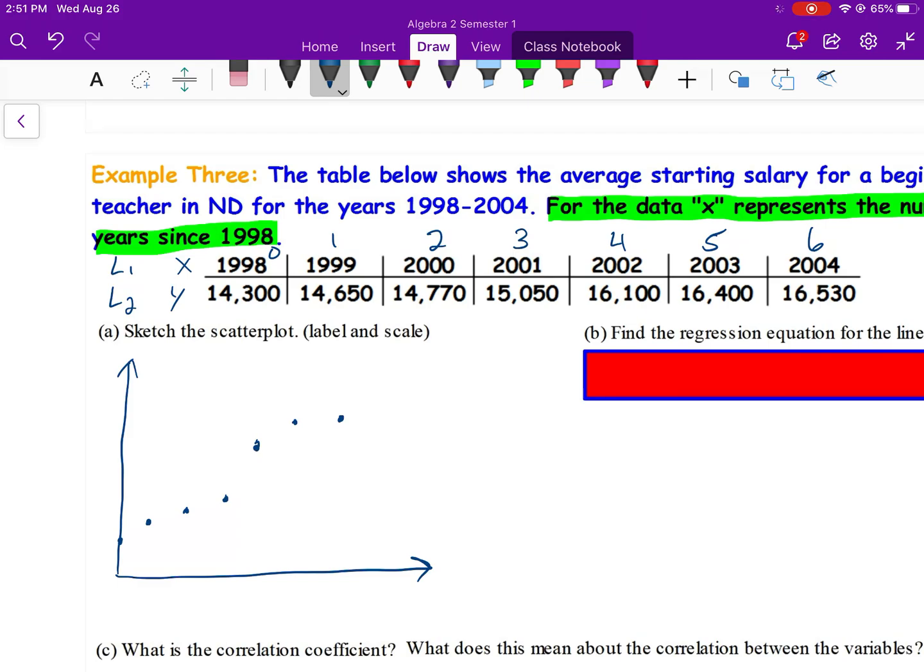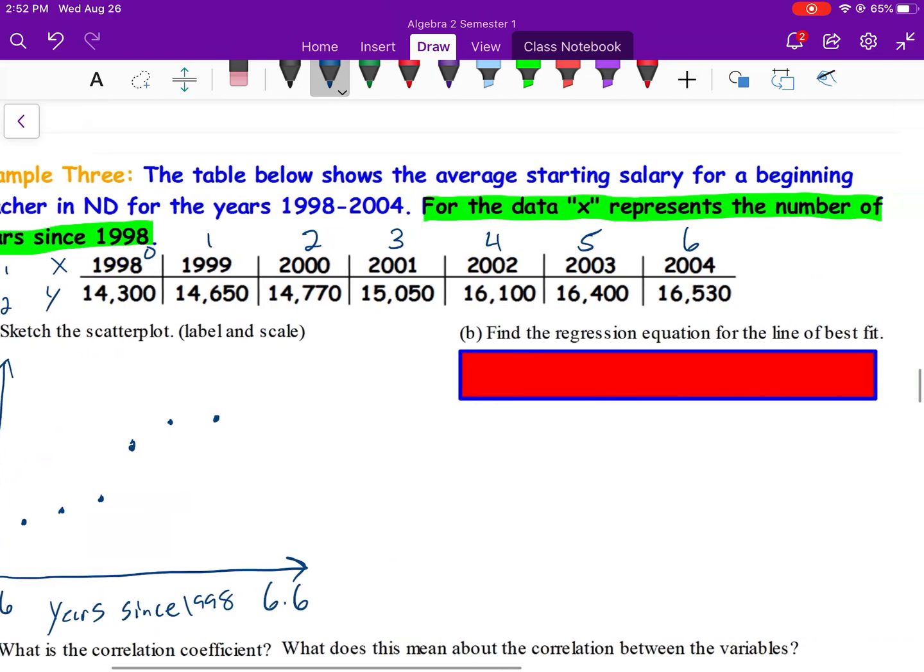And then our window, we got negative 0.6, 6.6, Y-min 13,920.9, 16,909.1. Again, that's 2 of the 3 things we need. We got our scatter plot, we got our scale, now we need our labels. So X is years since 1998, and this will be starting salary.